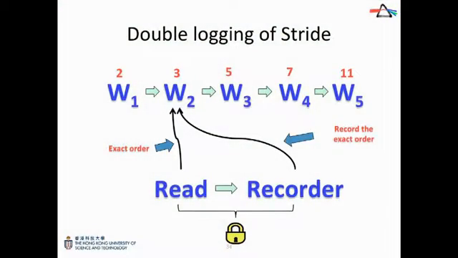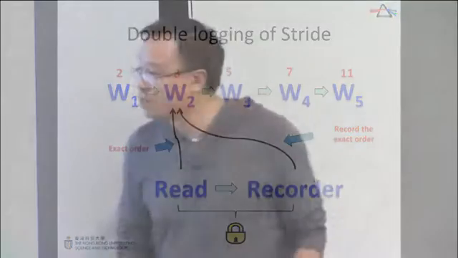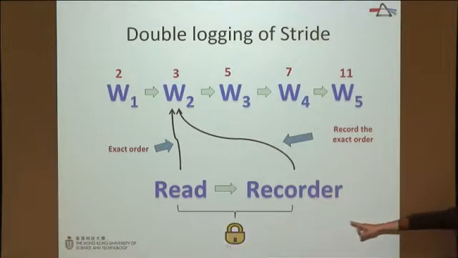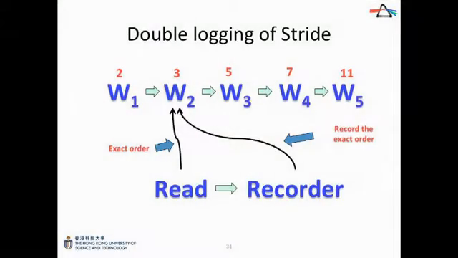As I showed you earlier, if we want to record the exact order of the race, we need to make sure the recorder and the actual operation happen atomically using a lock. And I've shown you that this lock is a bad idea, right? We have to insert a lot of locks to do this. In Stride, the big contribution is that we do not need this lock anymore.